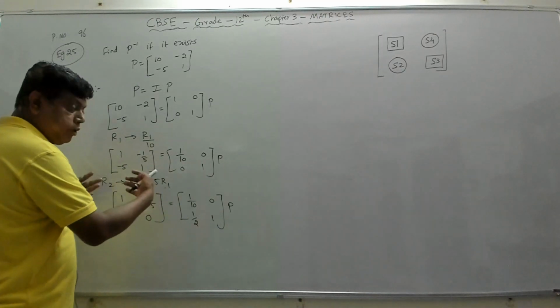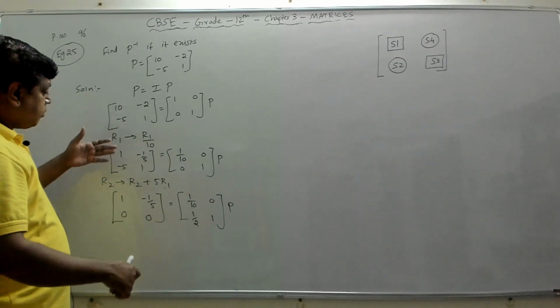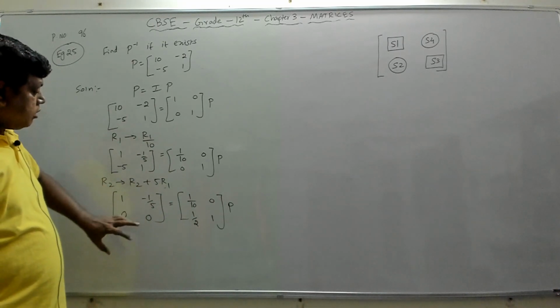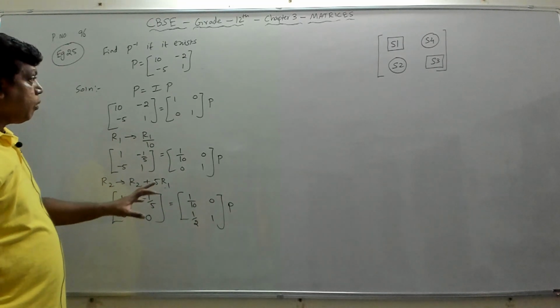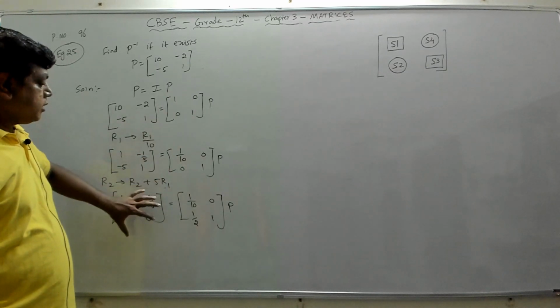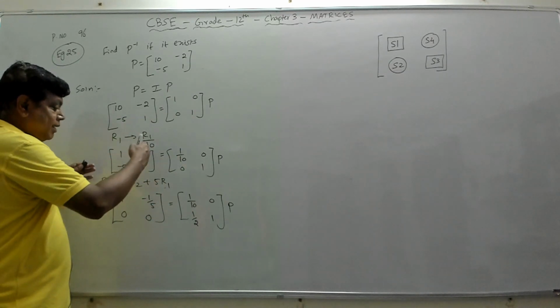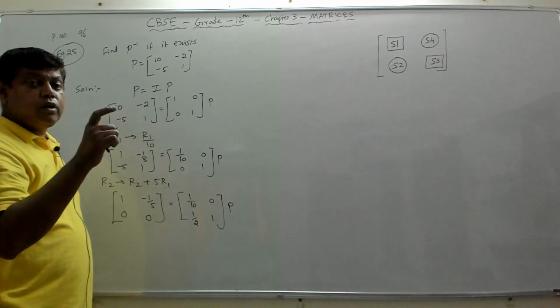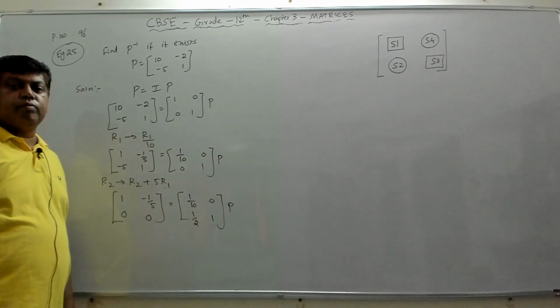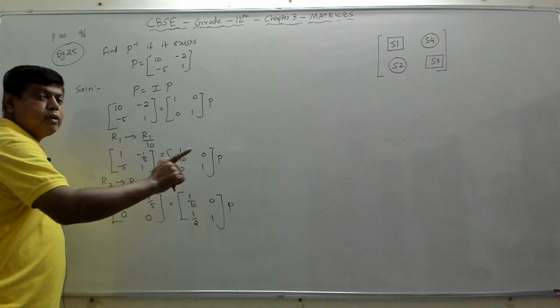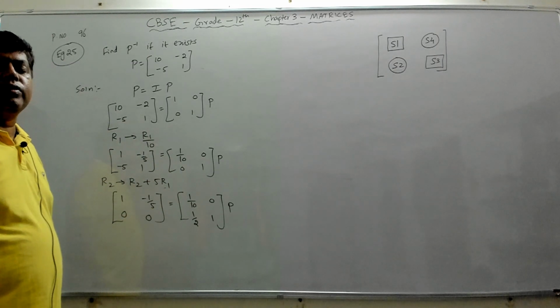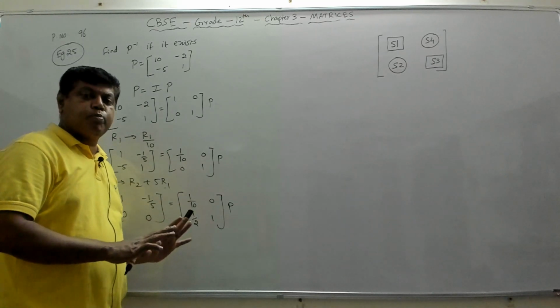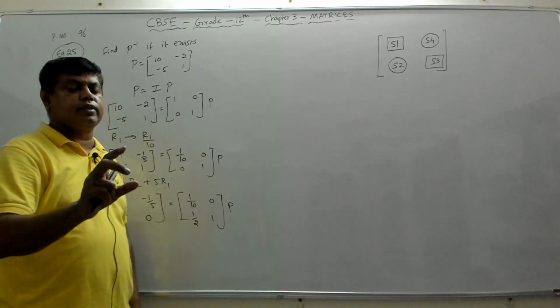When you are trying to make this matrix an identity matrix, 1 0 0 1, in the process we are applying a series of row operations. Suppose you get a particular row or column with all zeros, here row 2 has completely become 0. Then we have to stop the inverse process and say that the inverse does not exist.